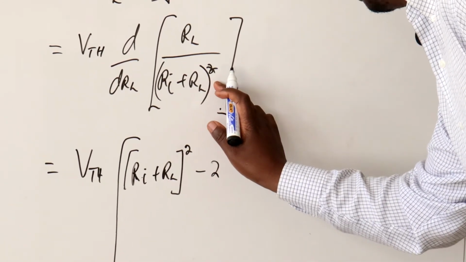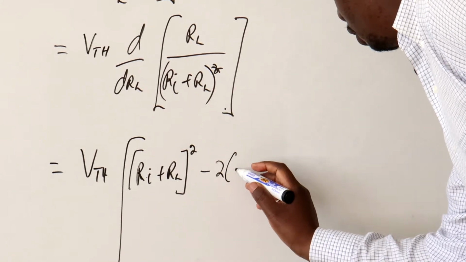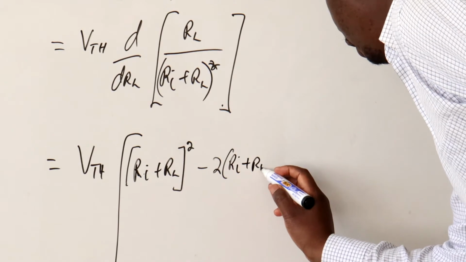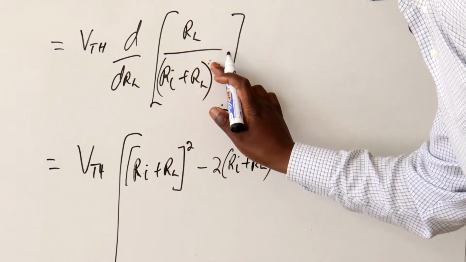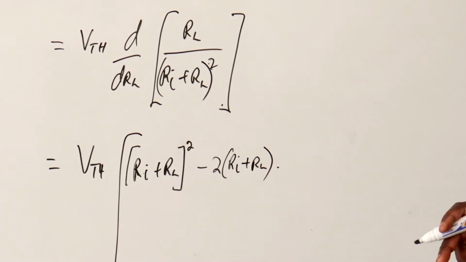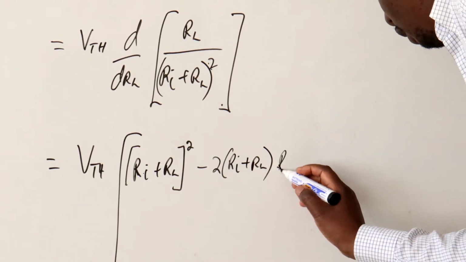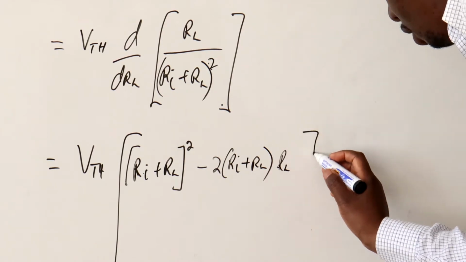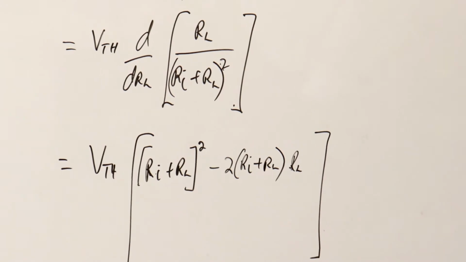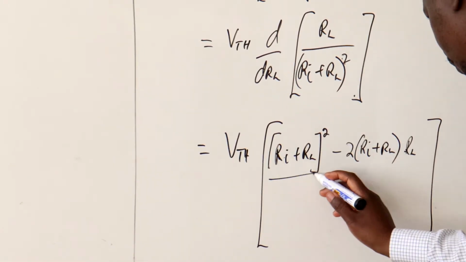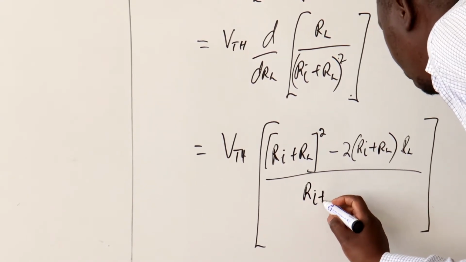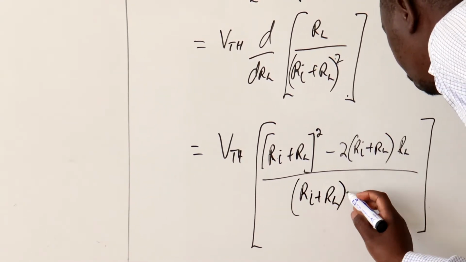We differentiate this, 2 into RI plus RL, and the power reduces to 1. Then we multiply by RL, because RL is what we are holding as constant. We have finished differentiating that, and the denominator now goes to square, RI plus RL squared.